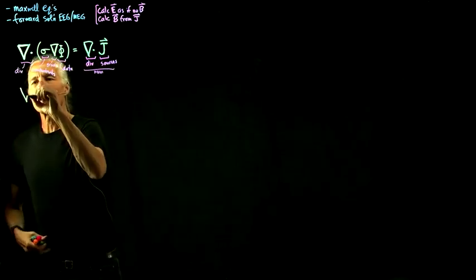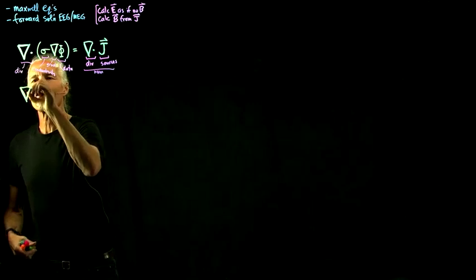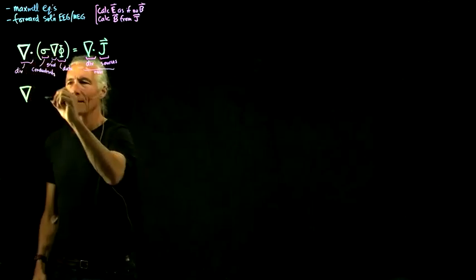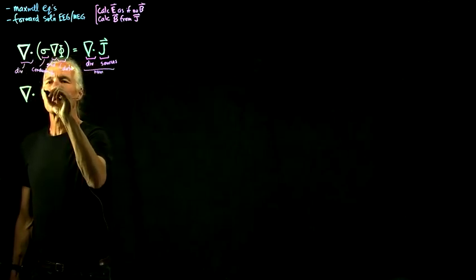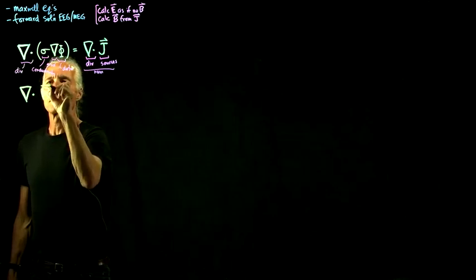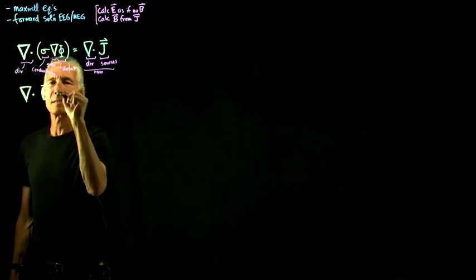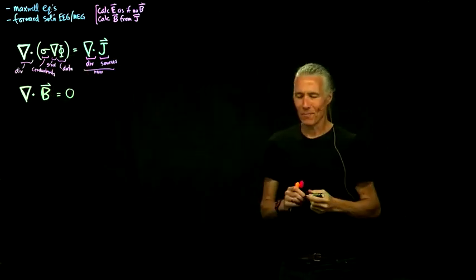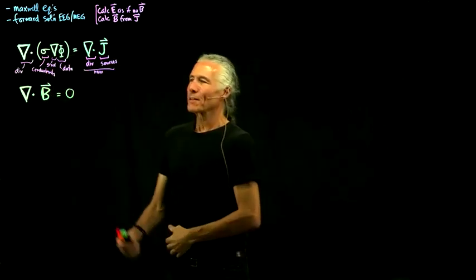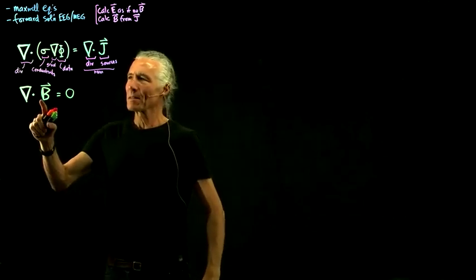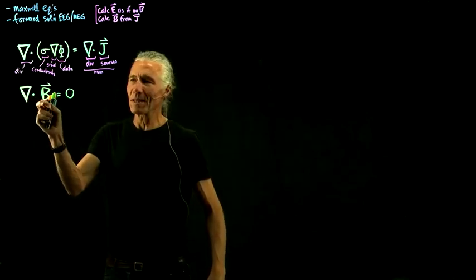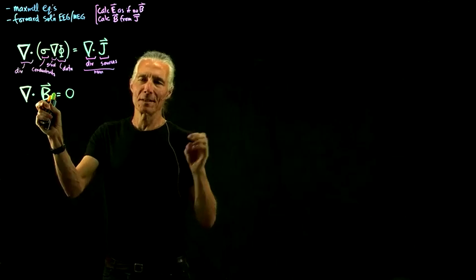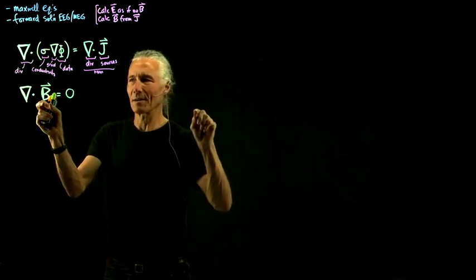Here's another one. I didn't talk about this one before, but this is one of the Maxwell equations that says the divergence of the B field is 0. The divergence of the E field will tell you where charges are.